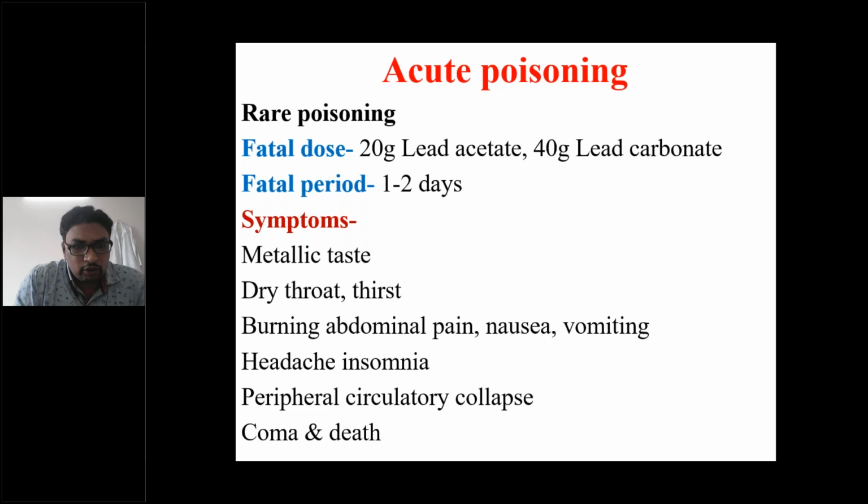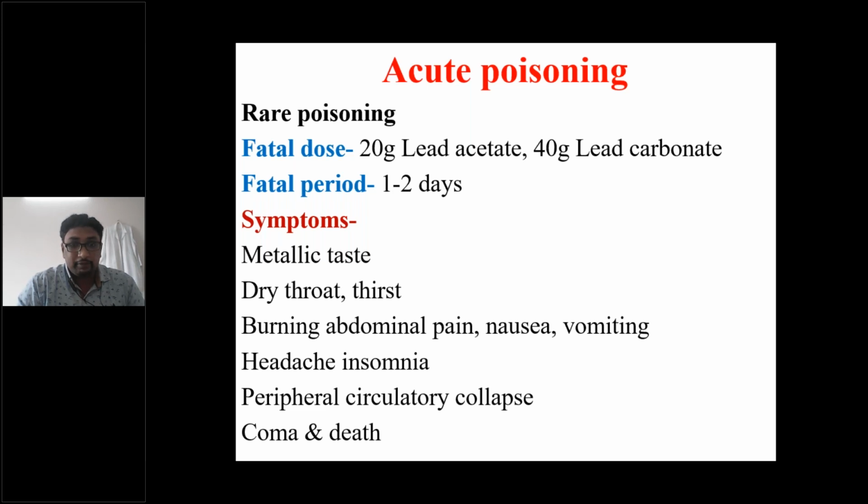But the fatal dose is 20 grams of lead acetate and 40 grams of lead carbonate. The fatal period is 1 to 2 days, that is, 24 to 48 hours.